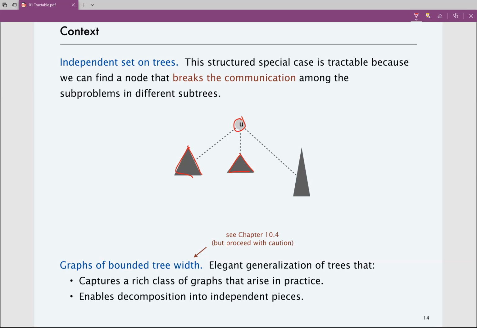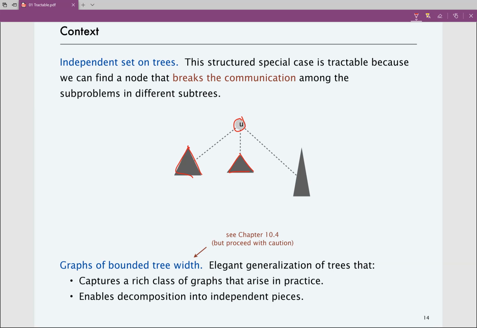I'm not going to get into too many details about this, but at a high level, if you take these bounded tree width graphs, you can take subsets of the nodes and combine these subsets into what we'll call a super node. So you take the original graph, take subsets of the nodes, and combine them into these super nodes.